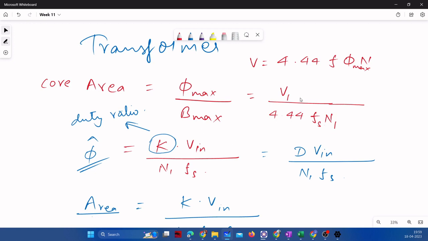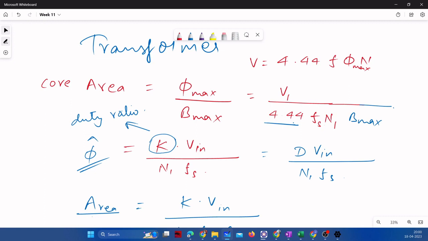V in is there still, right? So phi max is V in divided by 4. V in is still there, Fs is still there, N1 is still there. B max into 4.44 will be K. 1 by B max into 4.44 will be K. Okay, right?